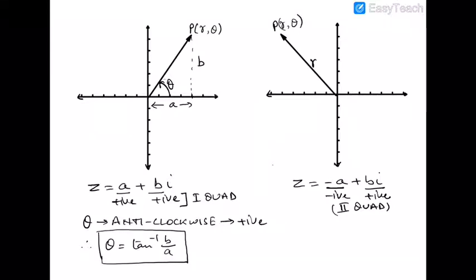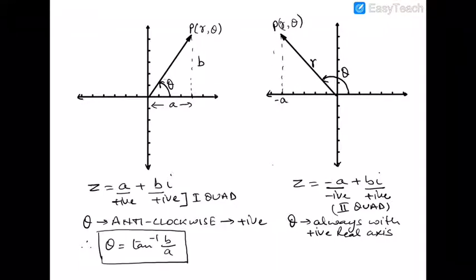Now this line segment makes angle theta with the positive real axis, because theta is always with the positive real axis. So to find the value of theta, let this line segment make angle alpha with the negative real axis.